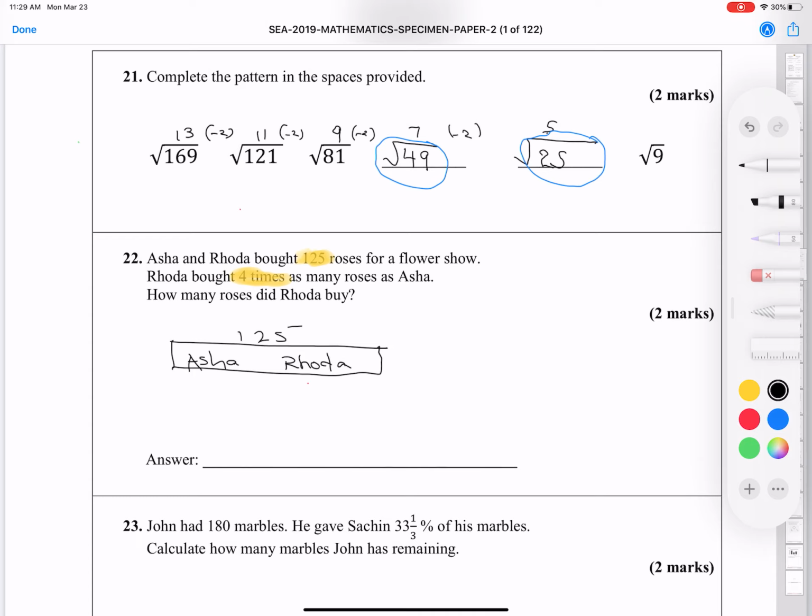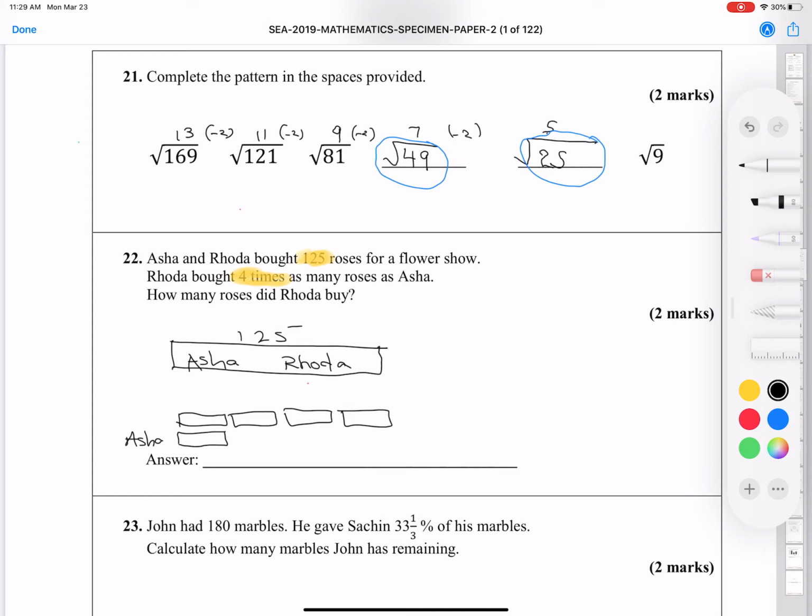I'm going to draw another bar that compares the sizes. Asher, but Rhoda is 4 times more. Let's write Asher here. Rhoda once, Rhoda twice, Rhoda 3 times, Rhoda 4 times.